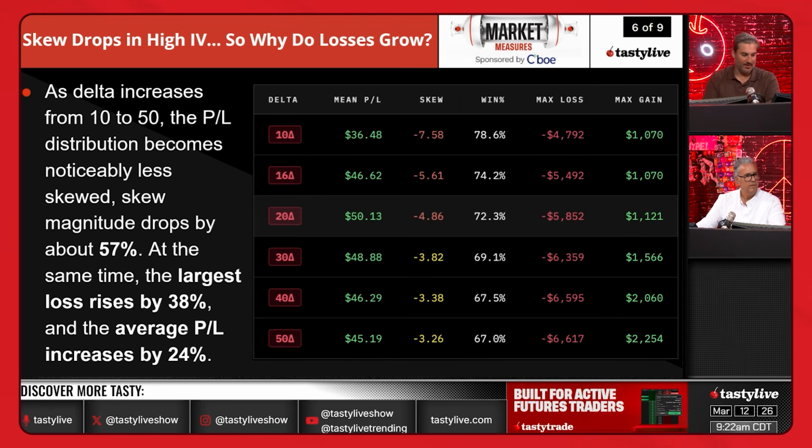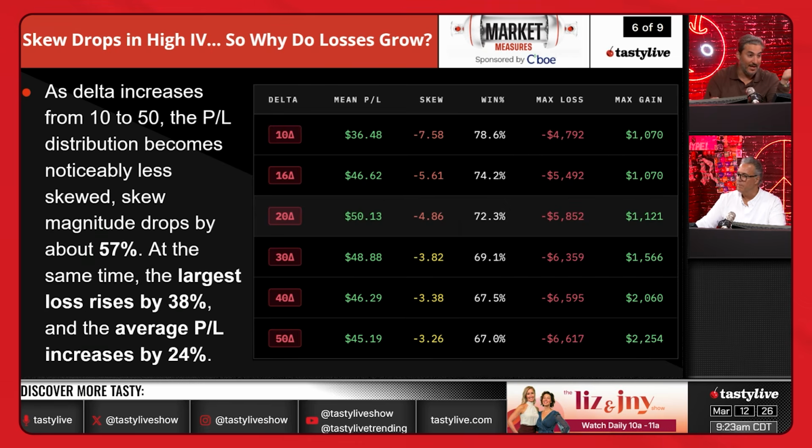What we're looking at here is that as you get to a closer-to-the-money option, when volatility is relatively high, you're obviously going to see bigger swings in both directions. It shows you that the same sort of risk applies when volatility is super high to a 20 or 30 delta option as it does to a 10 delta option.